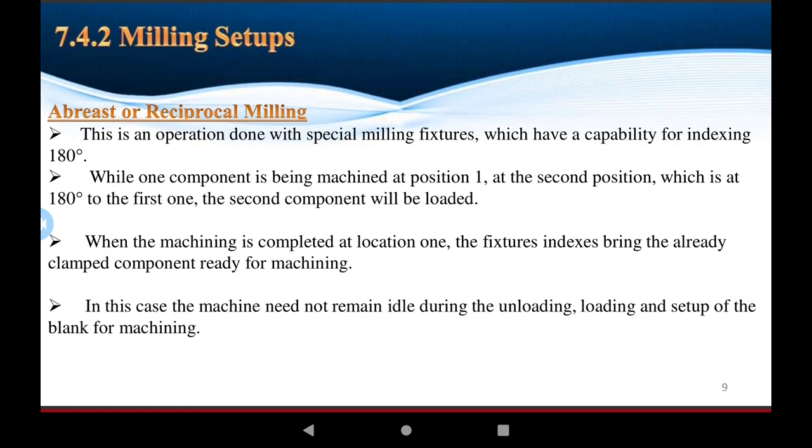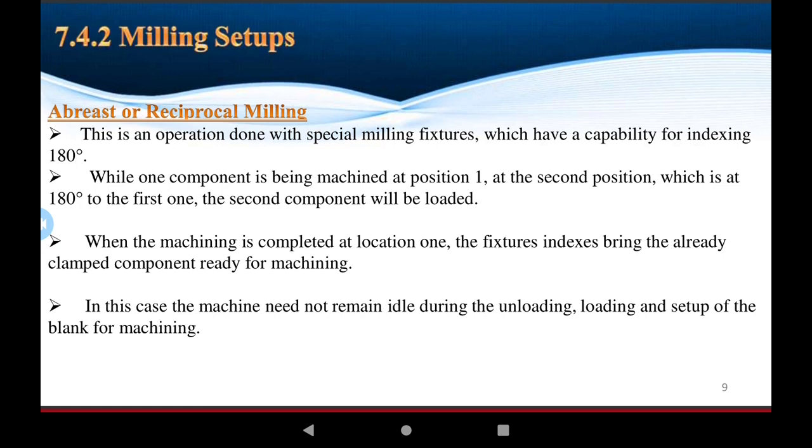While one component is being machined at the first position, at the second position, which is 180 degrees to the first one, the second component is loaded.